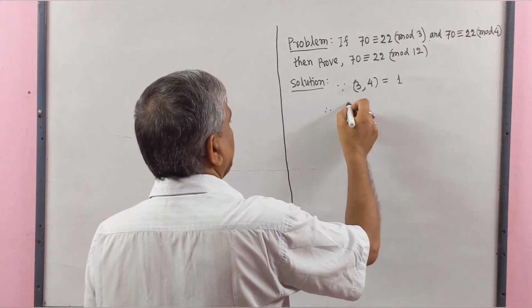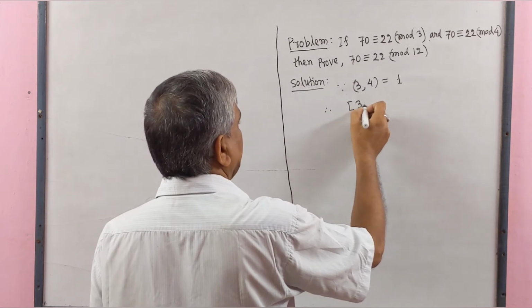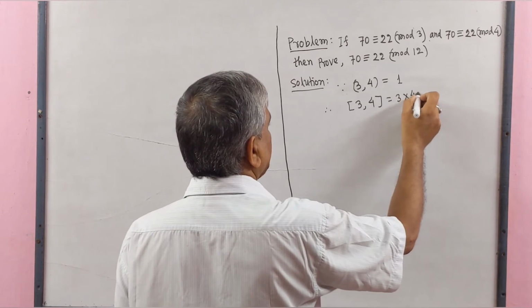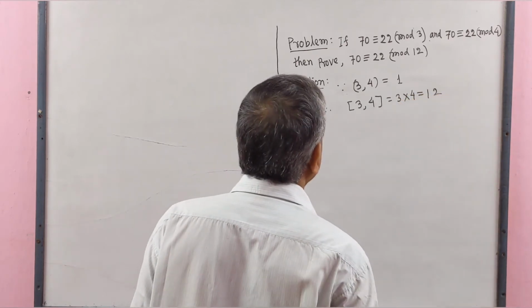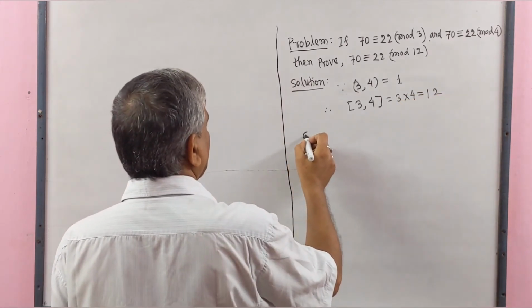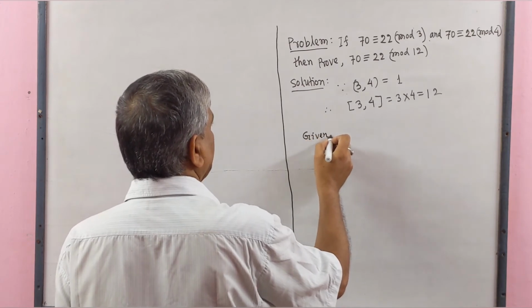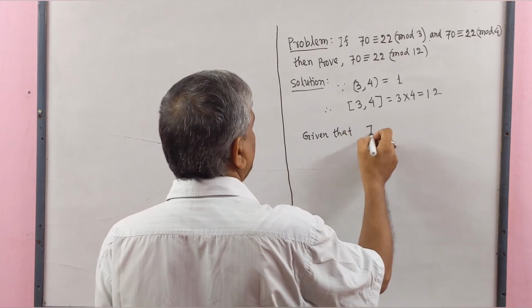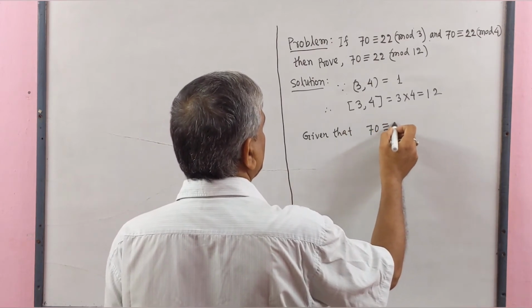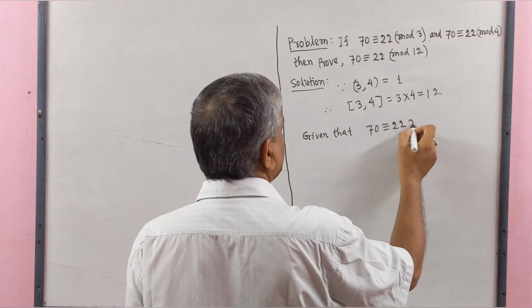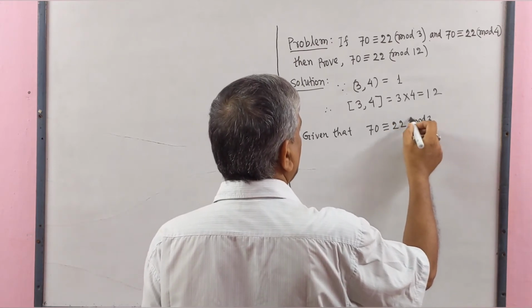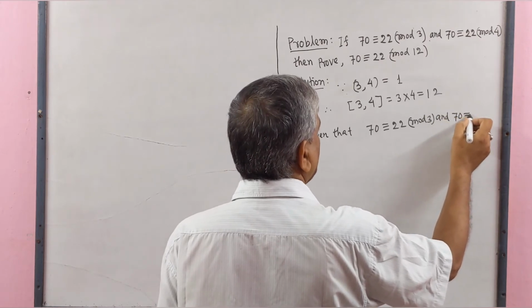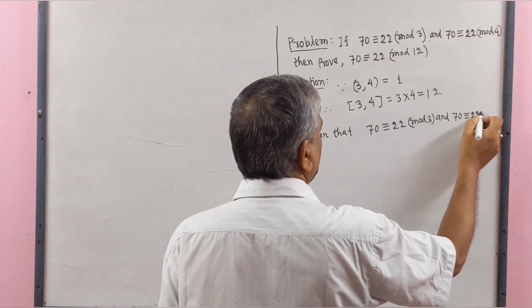Therefore, LCM of 3 and 4 will be 3 multiply 4 equal to 12. Given that 70 is congruent to 22 modulo 3 and 70 is congruent to 22 modulo 4.